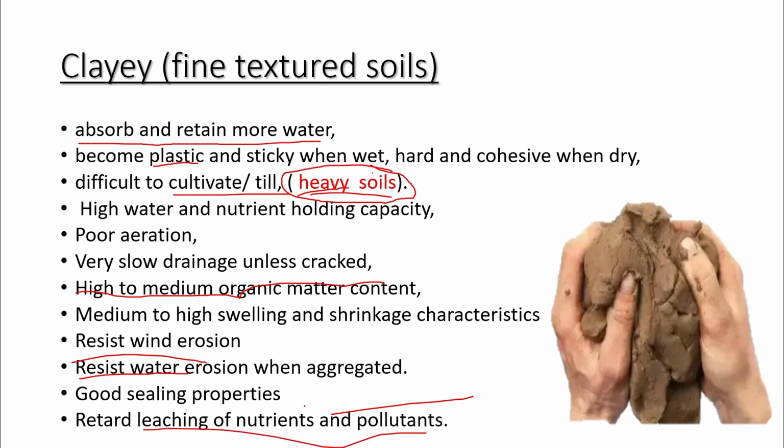So pollutants and nutrients will not go by leaching. It has good sealing property; we use the soil for sealing and making buildings. So they also resist wind erosion because of this property. When aggregated, when they are made into large clods, they will resist water erosion.